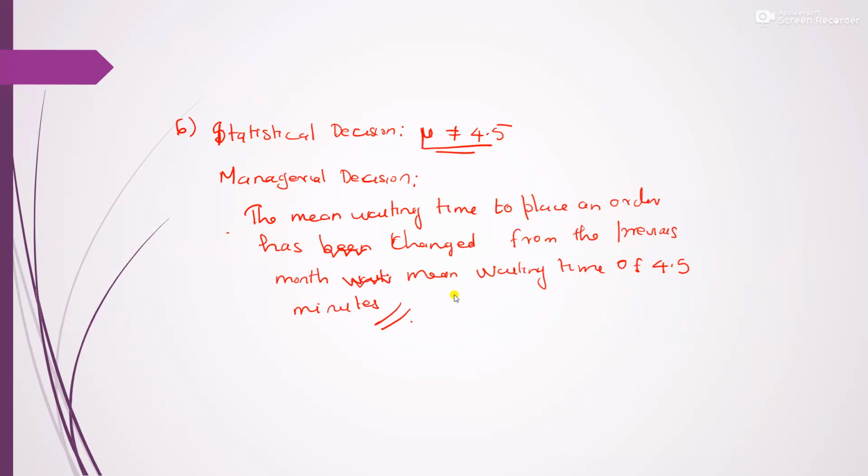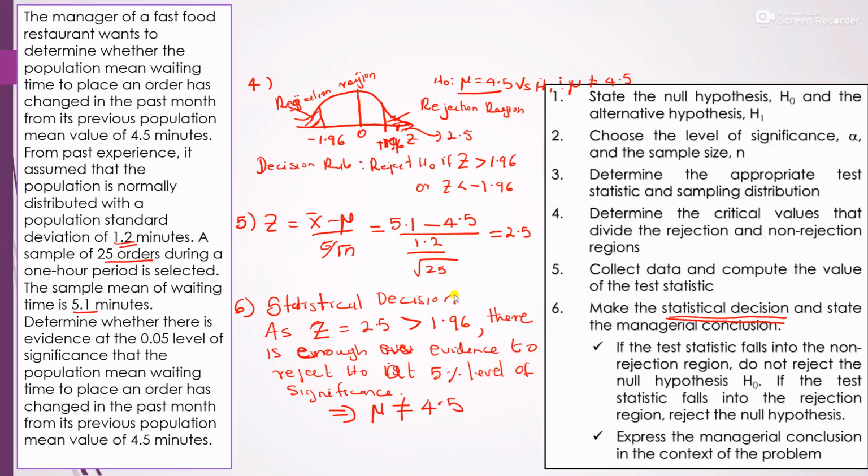Looking at the sample mean, you can say that. What is the sample mean you got? We got our sample mean is 5.1. The sample mean waiting time is 5.1.